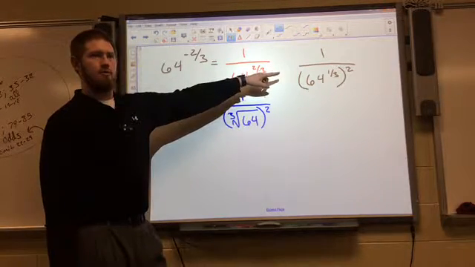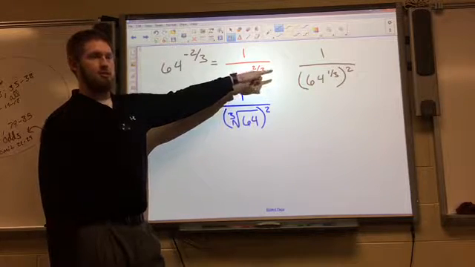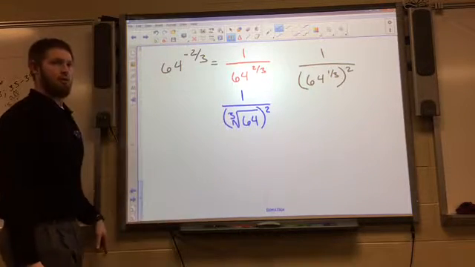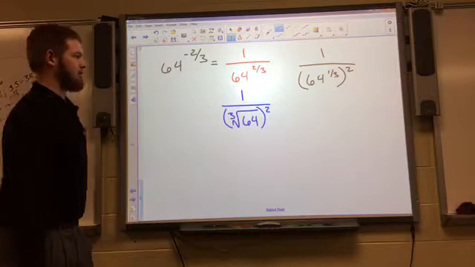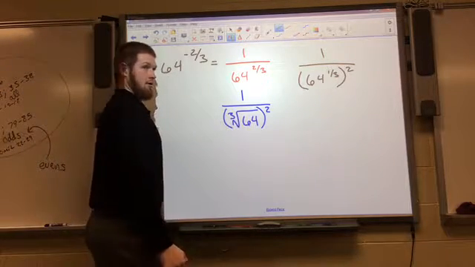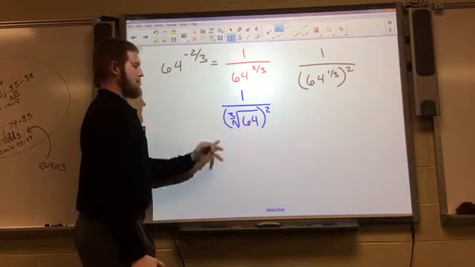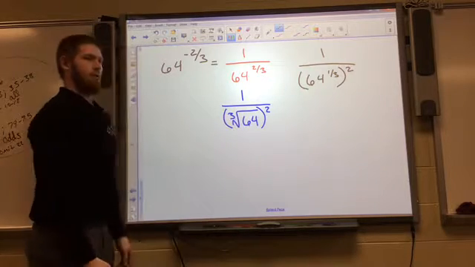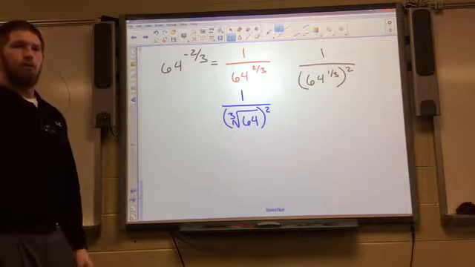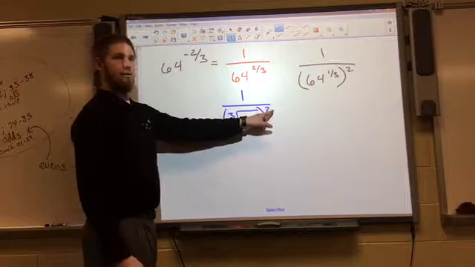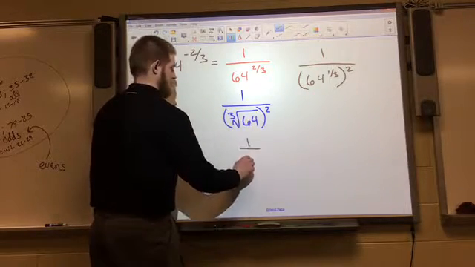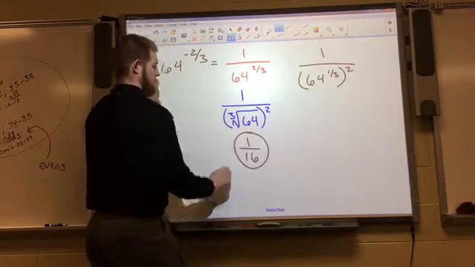Is that okay? Yeah, you just got to be careful because is there a chance that you might mess up a little bit? Yeah, so just be very careful. I'm okay with it if you're getting it right. If you're getting it wrong, we're going to have to redo it. What is the cube root of 64? 4 squared, 16. So my answer, 1/16.